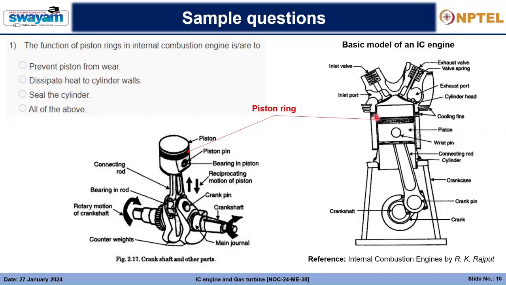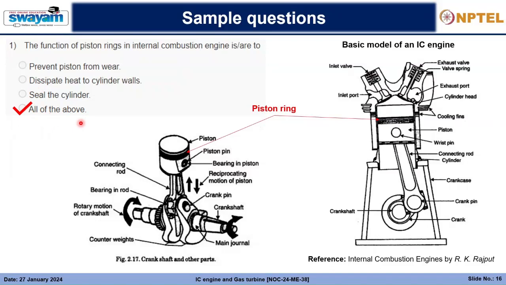And then again, it is dissipating the heat, because the piston here is also getting heated up due to this combustion. But there is no other means to transfer the heat to the cylinder wall, which is finally cooled down by these cooling fins or by a cooling jacket. So we need to transfer the heat from the piston to the cylinder wall, and that is being done through the piston rings. Hence, the correct answer will be all of the above.